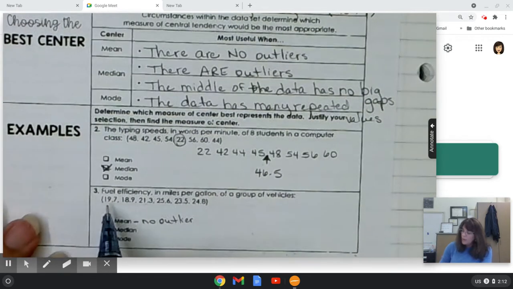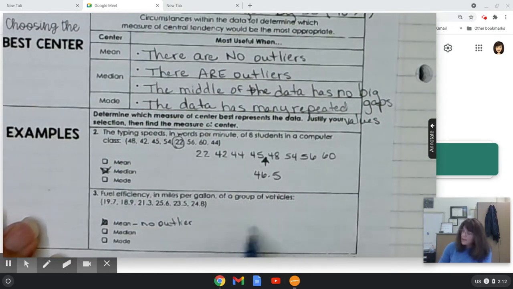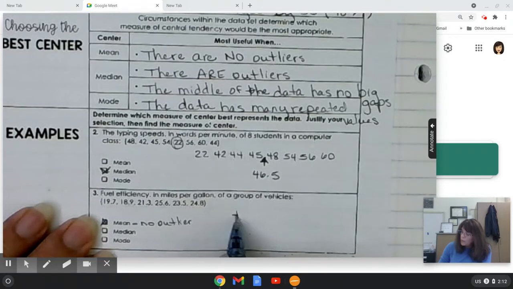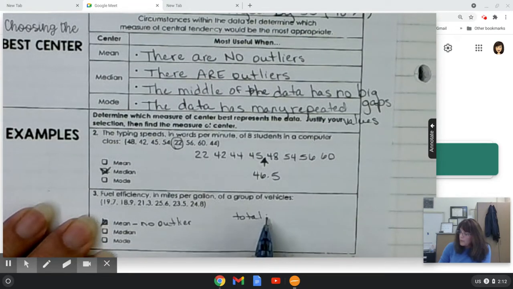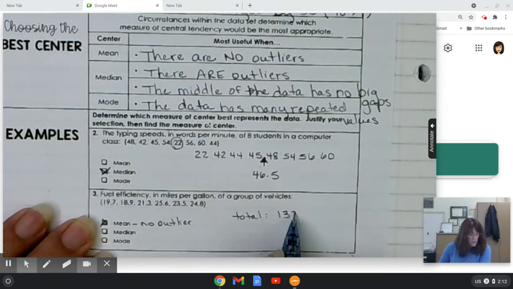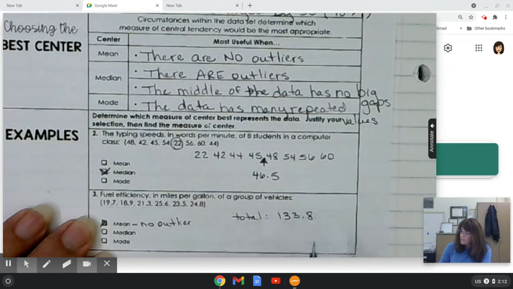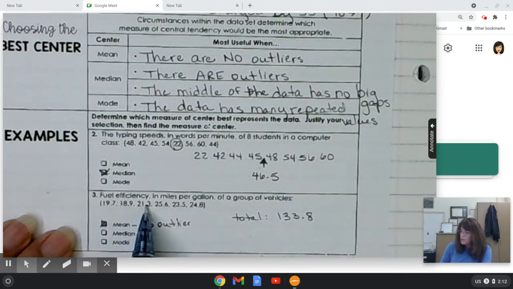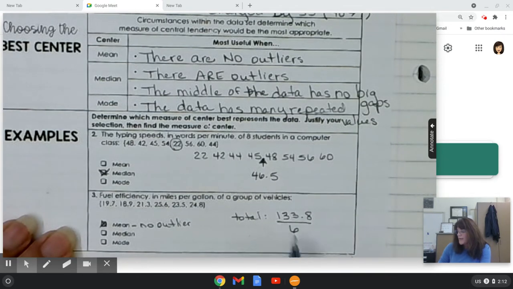And if I add up all those numbers, I get 133.8. There's 1, 2, 3, 4, 5, 6 of the numbers, so I'm going to divide by 6.